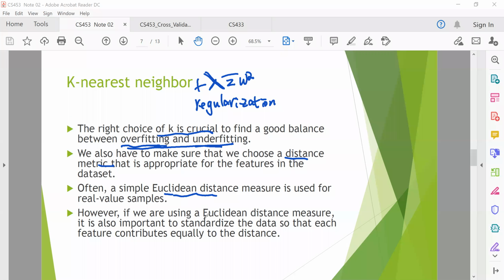And if you choose Euclidean distance, also remember to standardize data, so that each feature contributes equally to the distance.